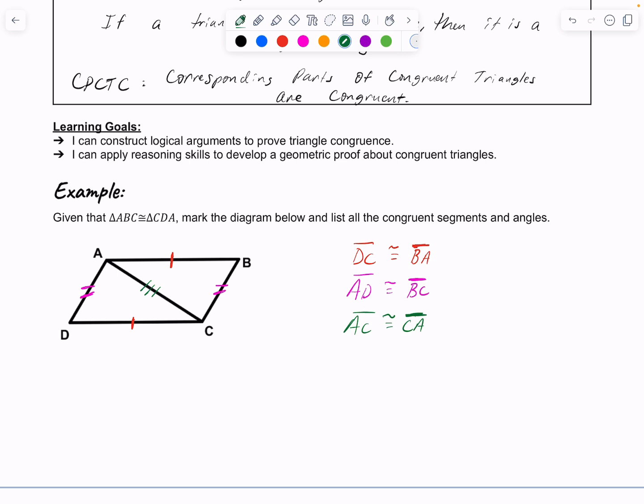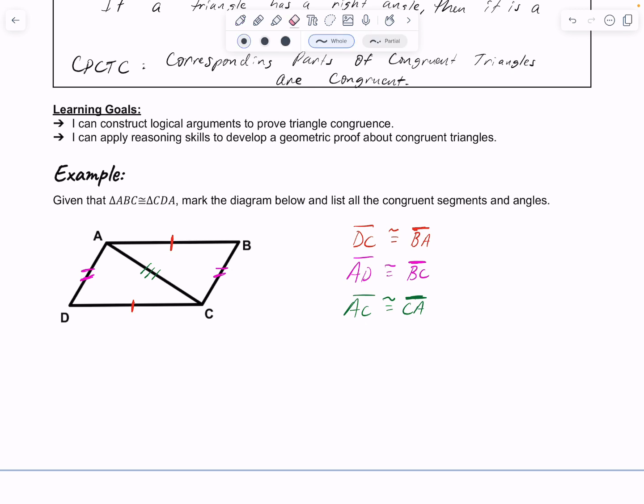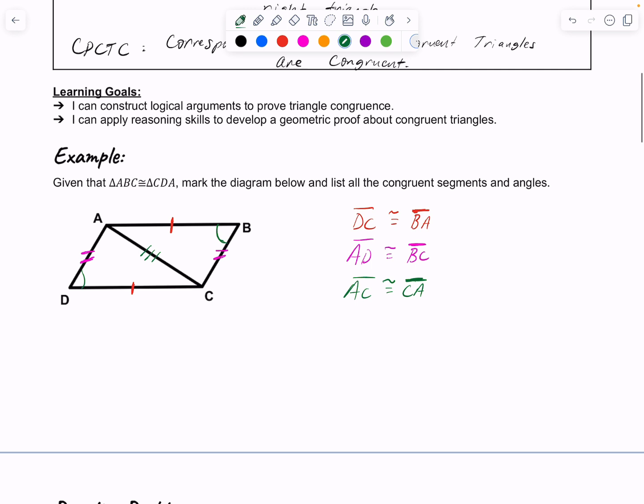All right, now in terms of the angles, the way I want to label the angles here is I have my first angle, I'll use just angle D. And then that's going to be congruent, if you flip these triangles in your mind to be on top of each other, to angle B. So angle D is congruent to angle B. All right, then I'm going to look at angle DAC is congruent to angle BCA.